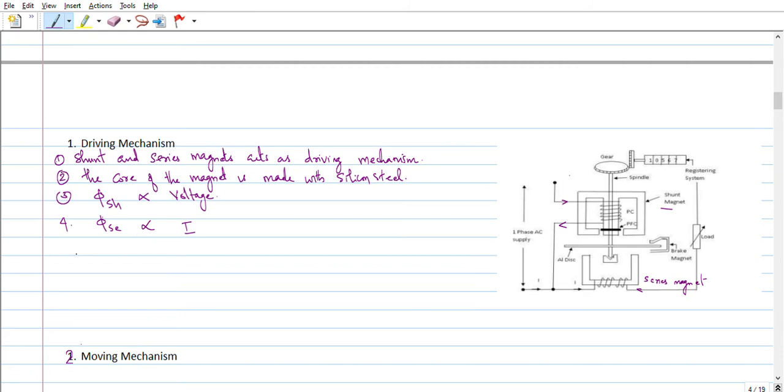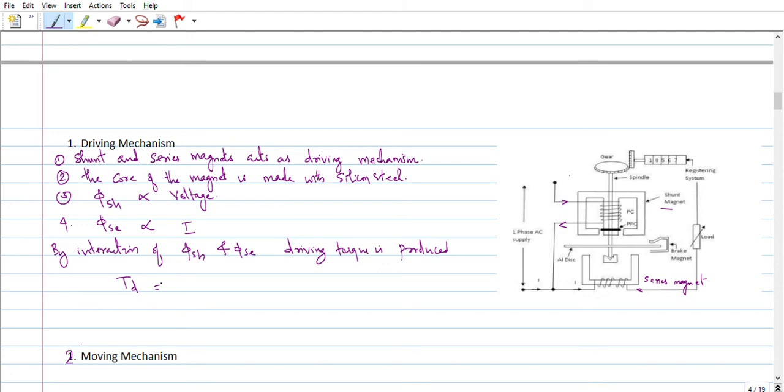Then by interaction of phi SH and phi SC, a driving torque is produced. Therefore, the driving torque TD, from the driving torque equation for induction type instruments, is phi 1 phi 2 into F by Z into sin beta into cos alpha.